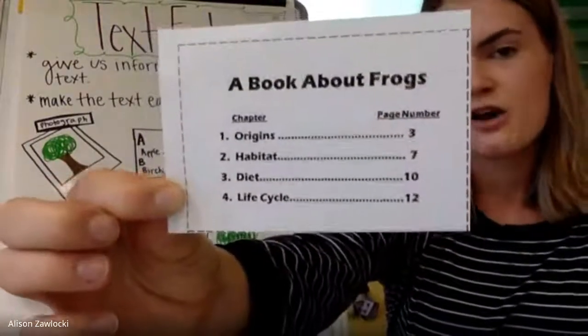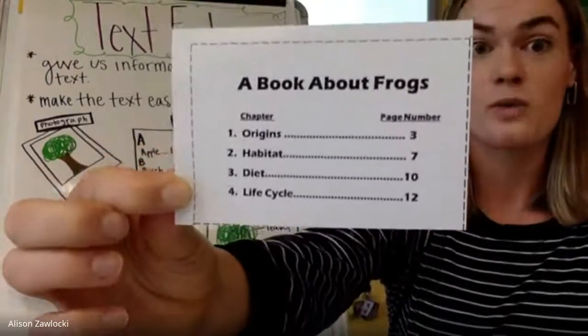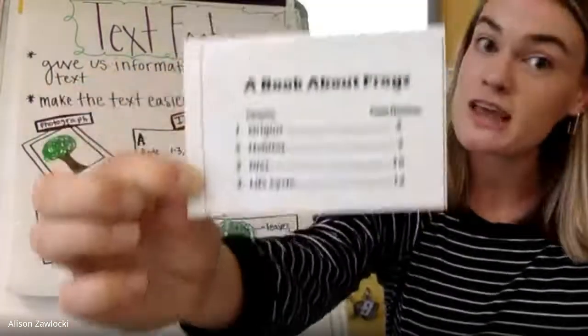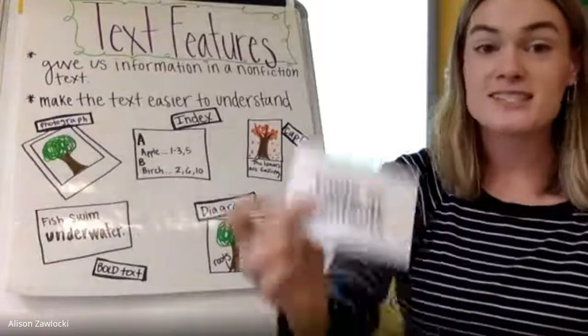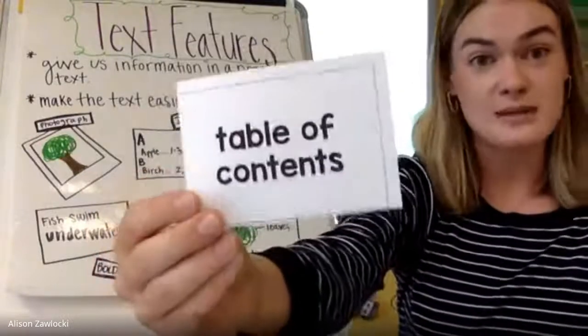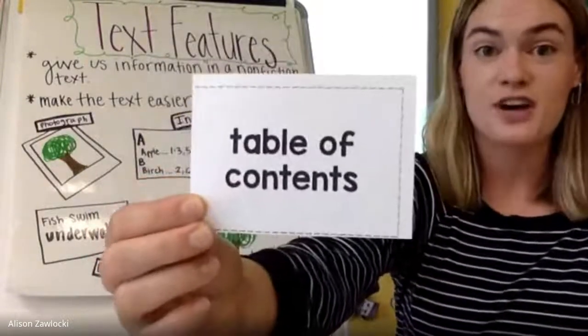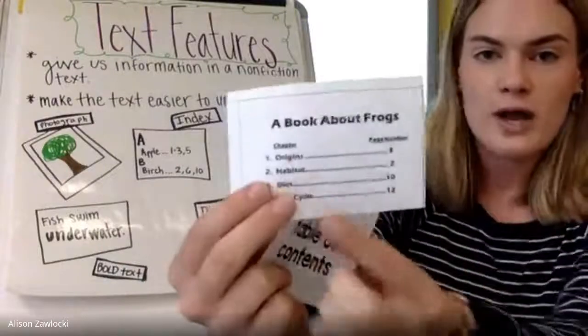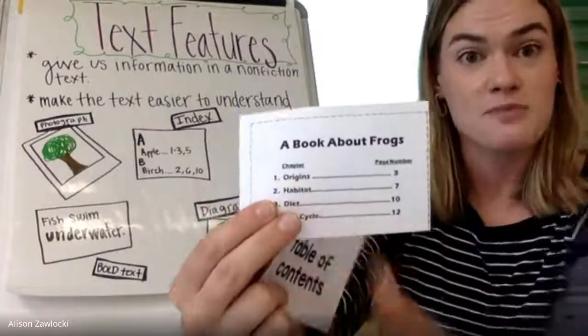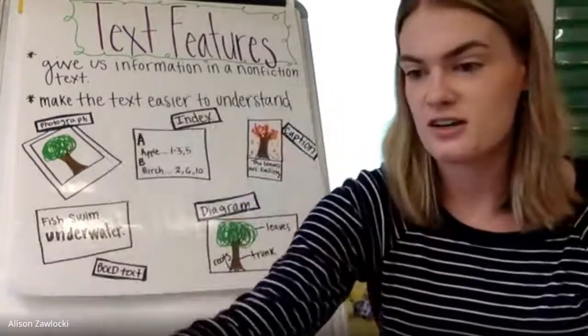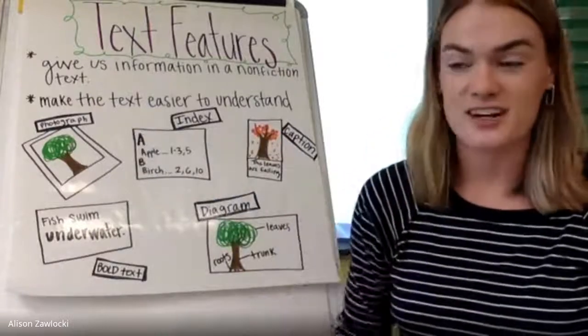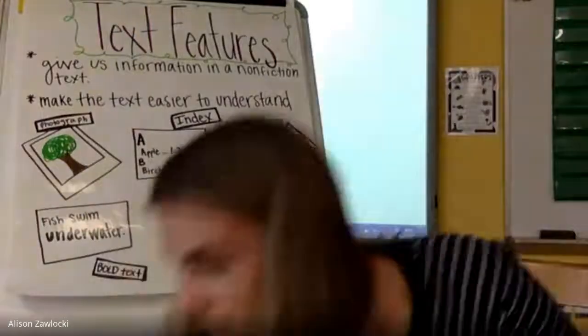It tells you where you can find the chapter, on what pages you can find the chapter. It's usually at the beginning of the book. That's the table of contents. Sometimes in nonfiction books, there's a table of contents that shows you what page you can find different chapters or topics. Very good.